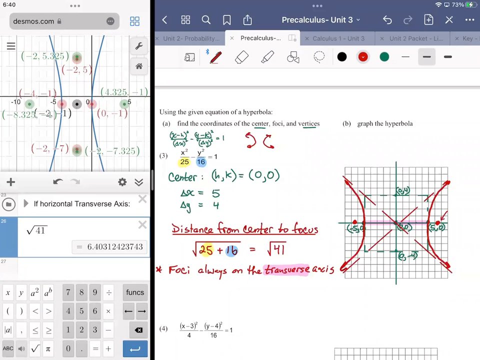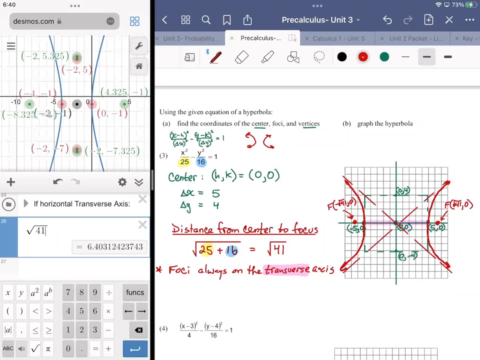This would be a focus. This would be a focus. So I have a focus here at negative radical 41 comma 0, and a focus here at positive radical 41 comma 0.